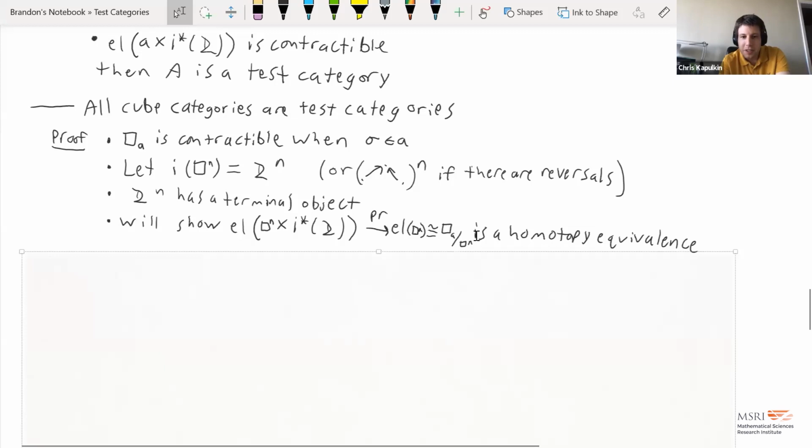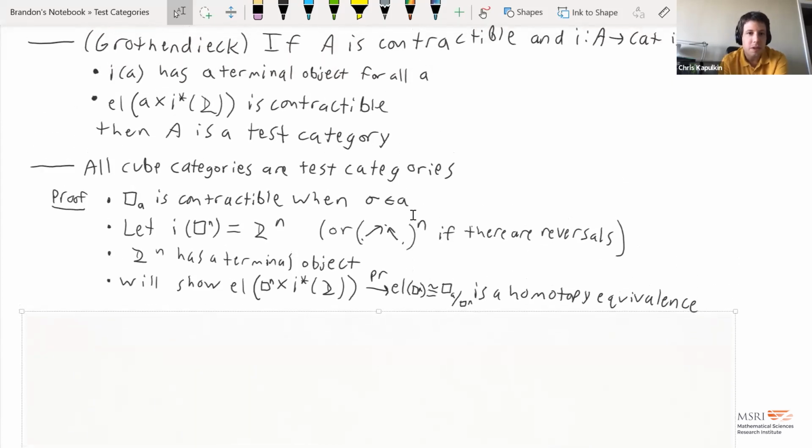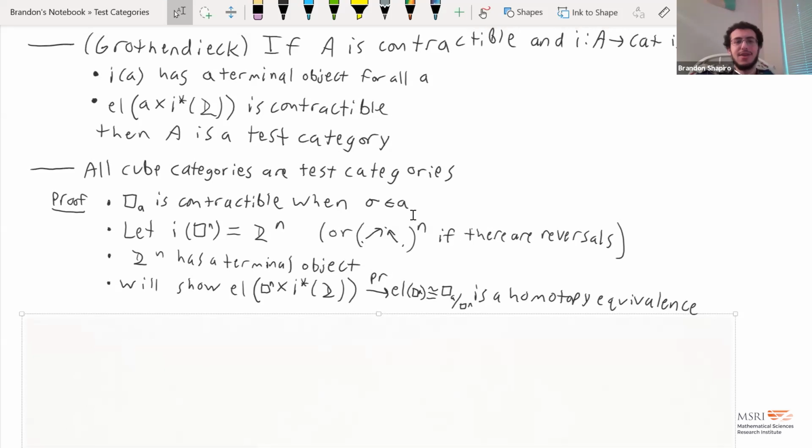Reed asks, does "A is a test category" here still refer to the canonical functor I sub A to Cat? So here you consider a different I. Yes, thank you for mentioning that.